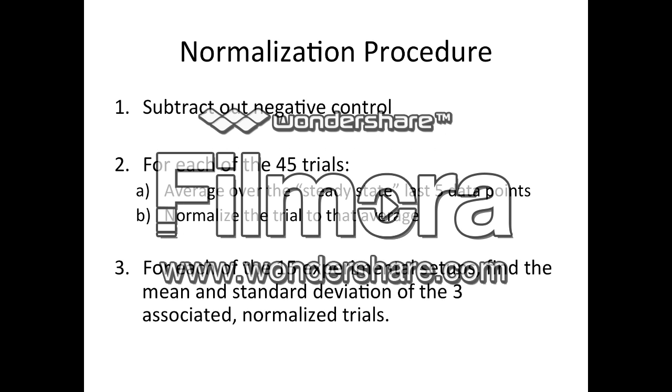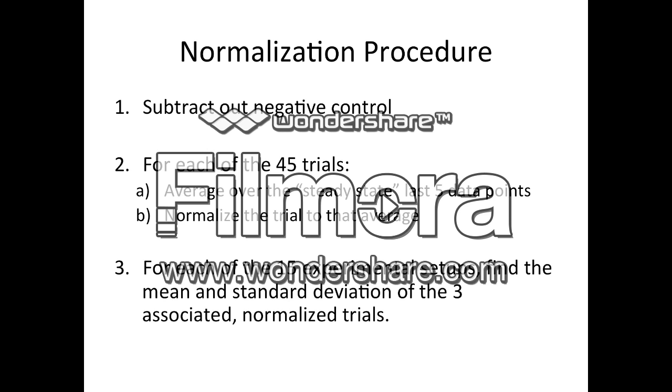Now, once we have this raw data, we need to normalize our data in order to compare to our analytical model. So the first thing we do is subtract out what's called the negative control, which is the reading of the background fluorescence. Once we've done that, we then consider each one of our individual 45 trials. We average over the steady state, or the final monomer concentration for each one of those trials.